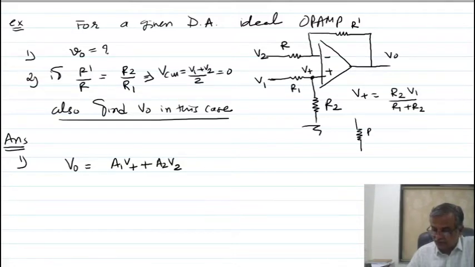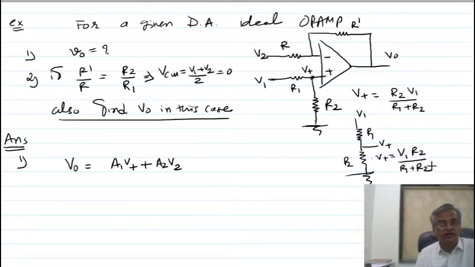This is your R1, this is your V1, and this is your R2, this is your V plus, voltage at this point, this is your ground terminal. So here voltage V plus, I can say, applied voltage into R2 upon R1 plus R2. You already know this, the potential divider circuit equations, so it's very easy for you.